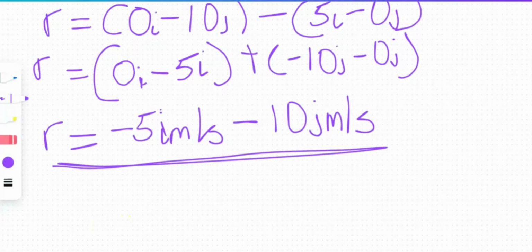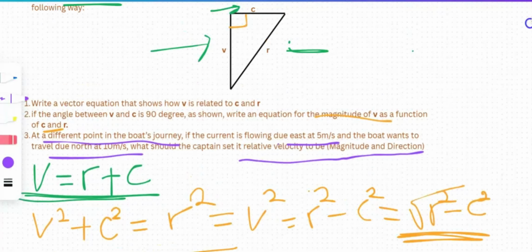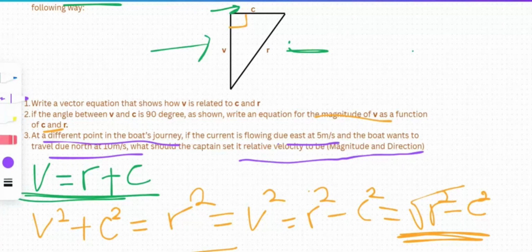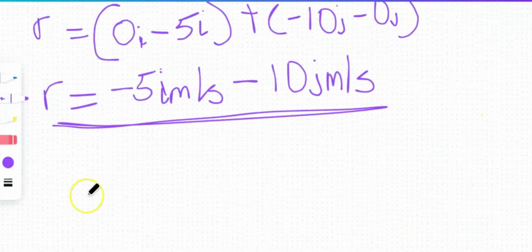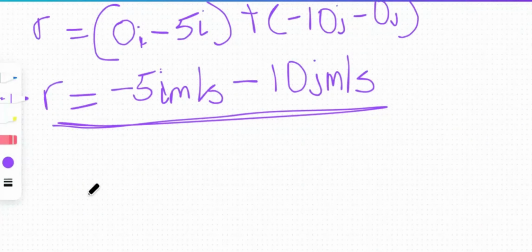But the question still says up here, what should the captain set its relative velocity to be in magnitude and direction? So we have found this part for us. So now let's find the magnitude of this relative velocity.